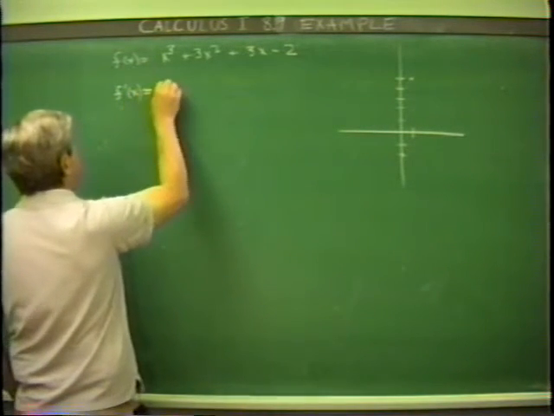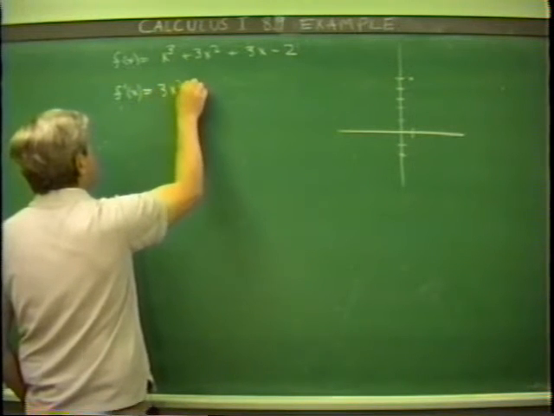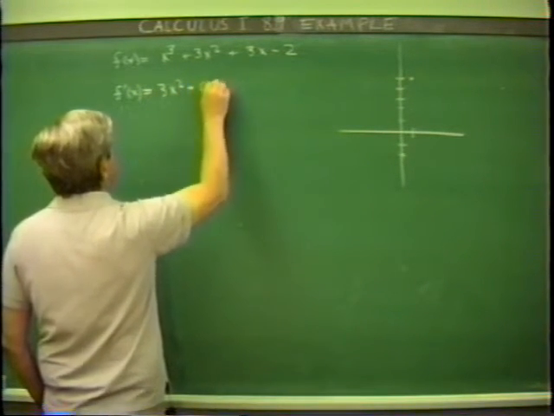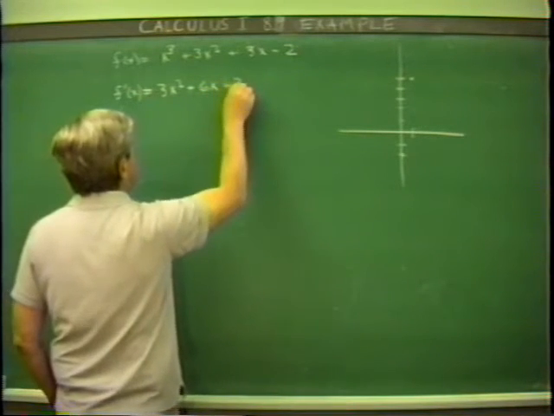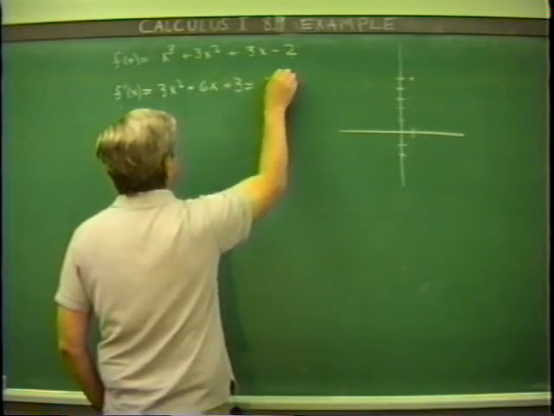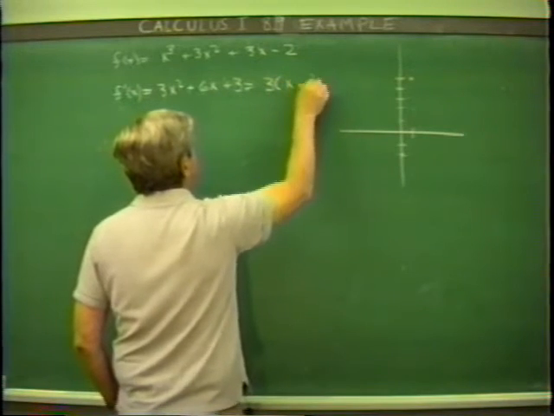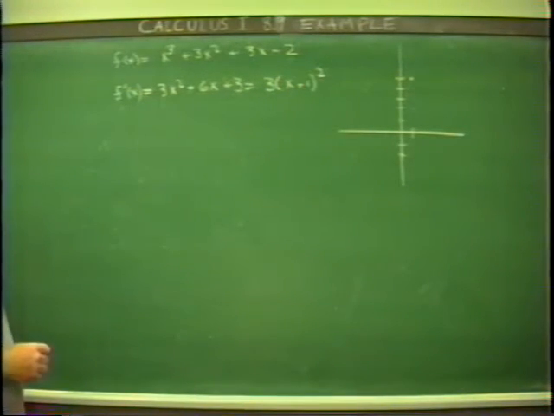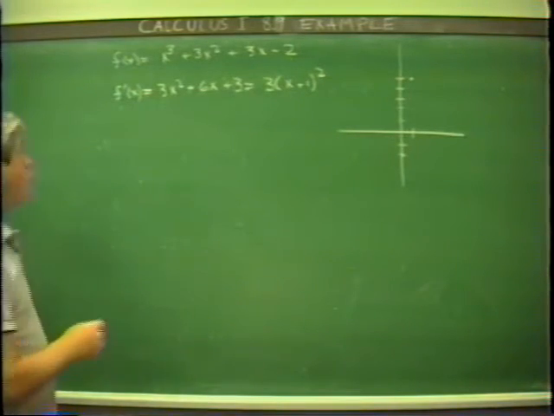We want to take a look at the derivative of the function, and again, this function has been made up so that it's relatively simple. So the derivative is going to be 3x squared plus 6x plus 3, which is equal to 3 times x plus 1 quantity squared.